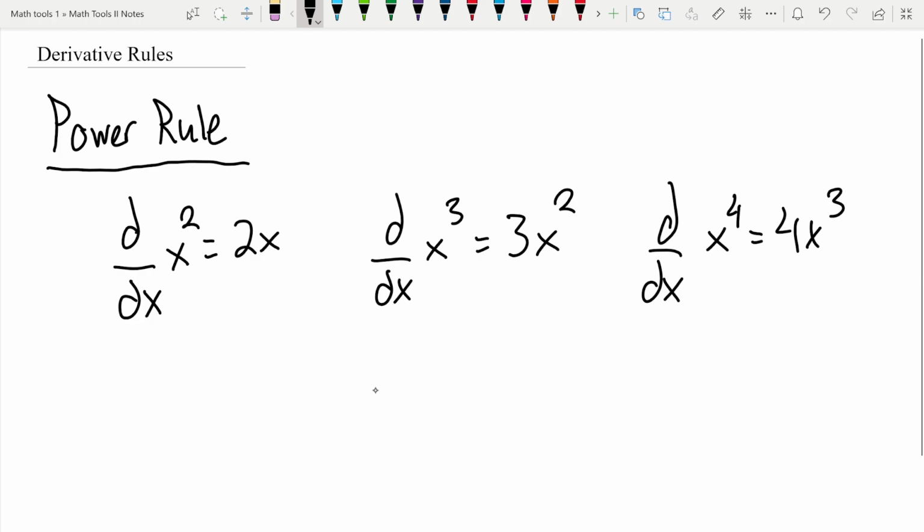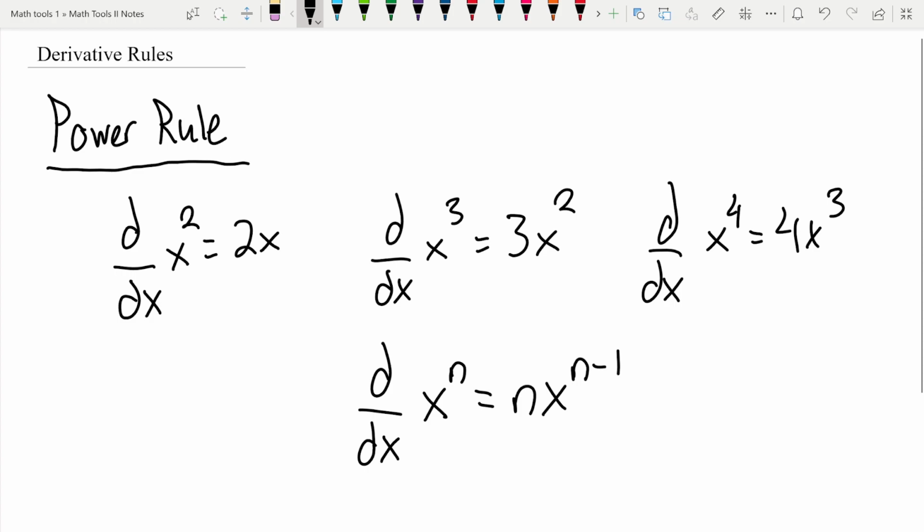So, in general, what you might notice here is that if we have x to the nth power, where n is really any number, we like to focus on integers, but it doesn't need to be an integer. There are only a couple of restrictions on what it could be. But anyway, the derivative of this function is n times x to the n minus 1.